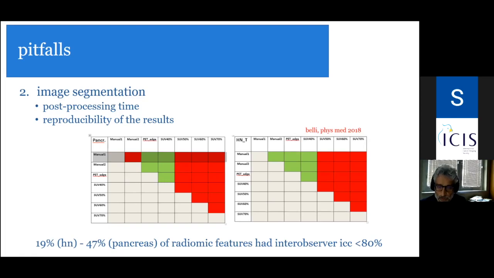But the second point we must consider is that this variability, which is less important in head and neck tumors, still results in 19% of radiomic features that have an inter-observer correlation coefficient that is less than 80%. And this figure increases up to 47% of pancreatic radiomic features due to this higher variability in segmentation.